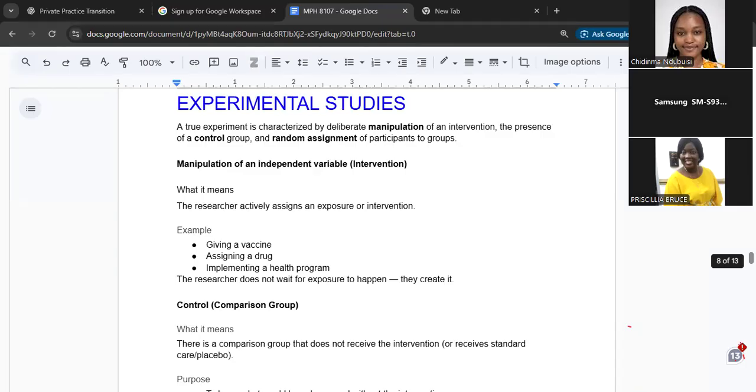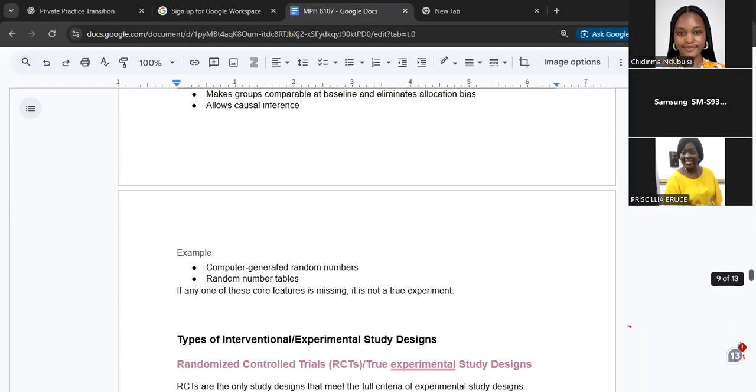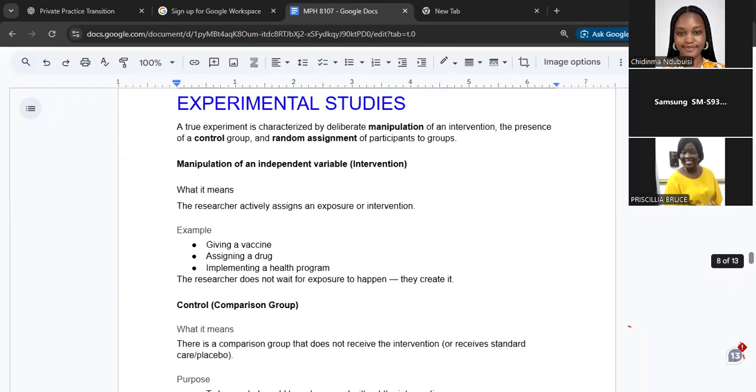We can group experimental studies into true experimental studies, quasi-experimental studies, and then some people add another group, the pre-experimental study. In case you read anywhere and you see more studies listed, you would already have the baseline in our head and we can understand whatever is being said anywhere, right?